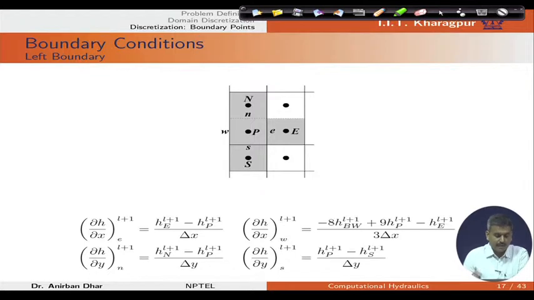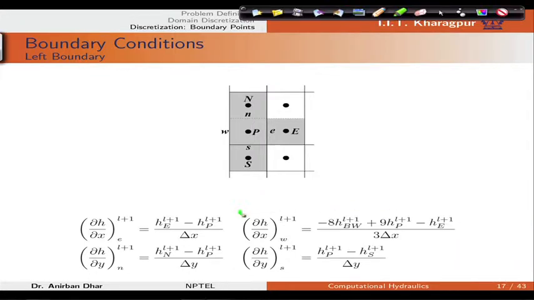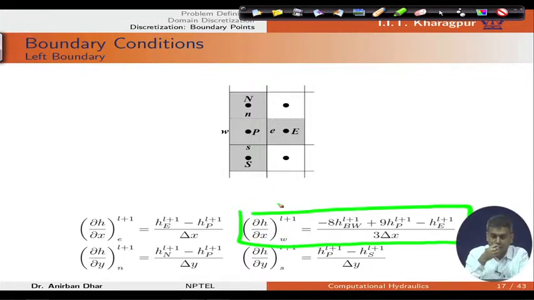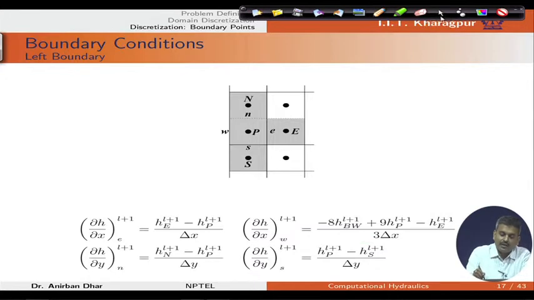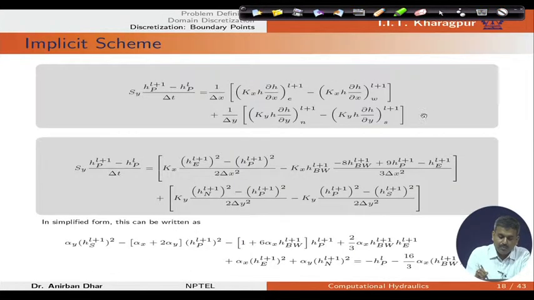Now, we have the left boundary. For the left boundary, this discretization is exactly the same as we have utilized for the confined aquifer system, because the derivative term will be the same, but we need to multiply the H W value on the right hand side.